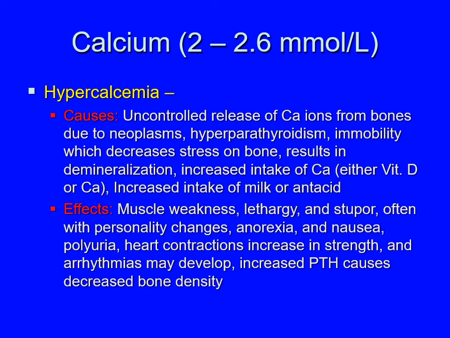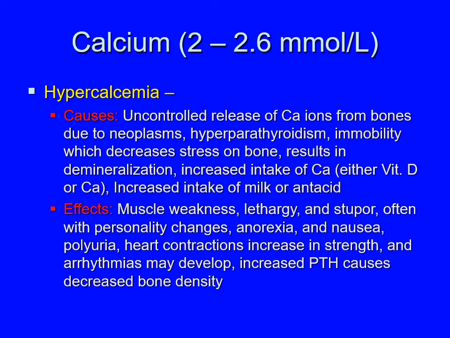Hypercalcemia: uncontrolled release of calcium ions from bones due to neoplasms, tumors, hyperparathyroidism, immobility which decreases stress on bones and results in demineralization, increased intake of calcium, either vitamin D, which helps with calcium absorption, or calcium, increased intake of milk or antacid.